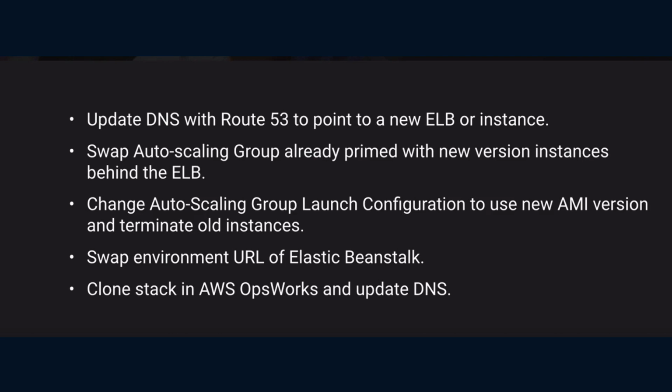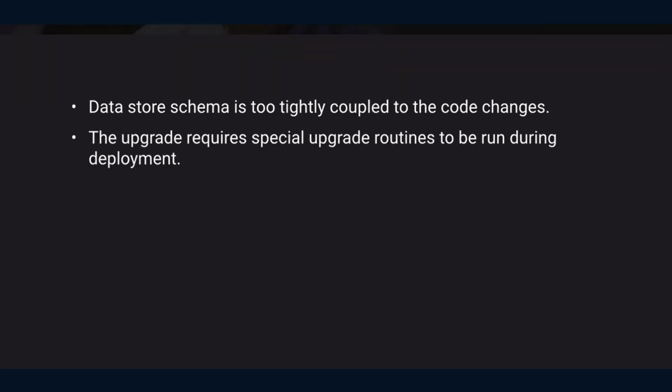For blue-green deployments to be very handy, you want to deploy those independently of your data layer. But if your code is tightly coupled, or you're making a schema change during that upgrade process, then it could cause problems. Best practice here is to make sure your schema changes are both forward and backward compatible in the case that you have to roll back, so you're not struggling to undo those schema changes on your data store.